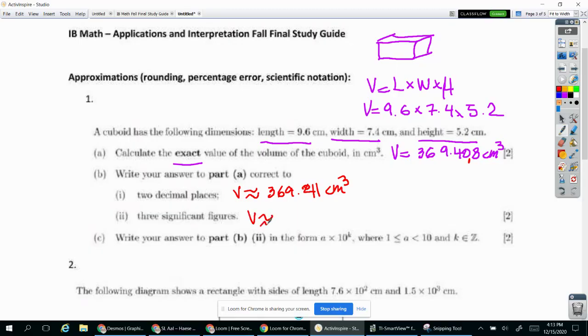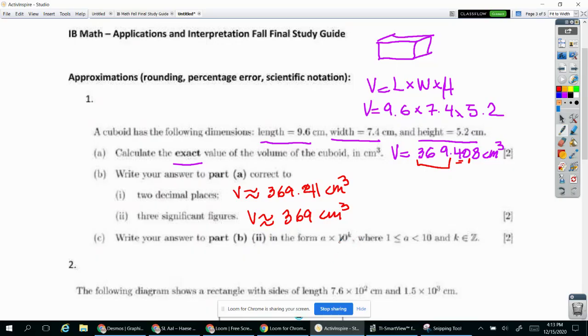The answer for part 2, 3 significant figures, is 369. The next figure is 4, so we just round down to 369 centimeters cubed.